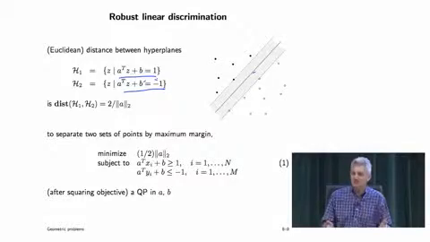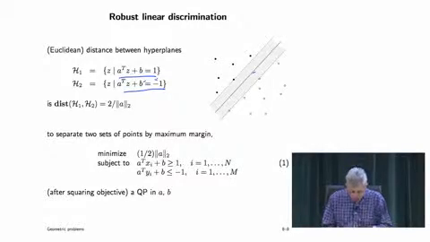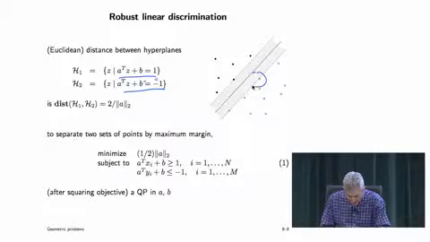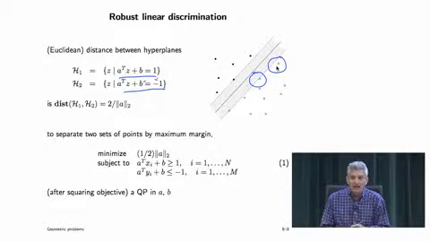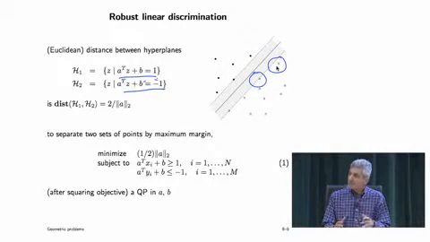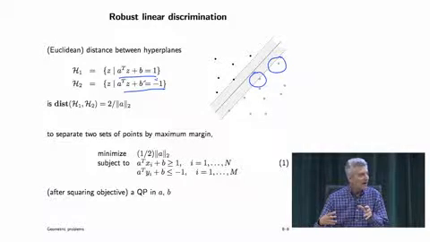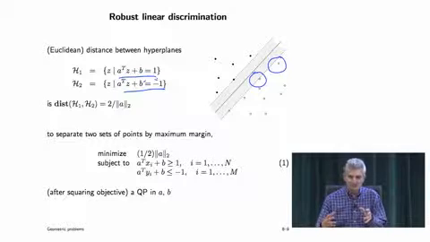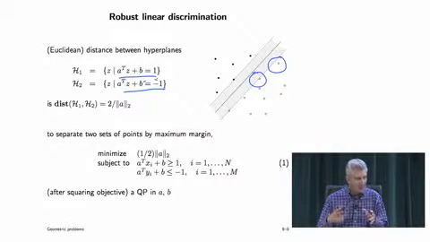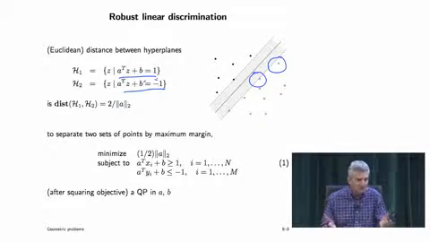Some people would call this a maximum margin classifier, and the reason it's maximum margin is that you can puff up each of these points by a ball and still classify correctly, and the amount you could puff them up by is the largest possible while still maintaining correctness. Everybody got that? So it's a maximum margin classifier.